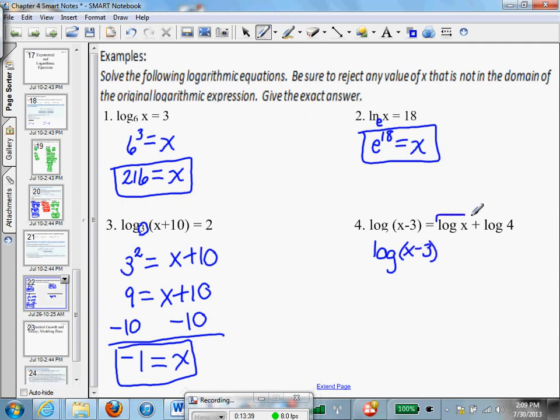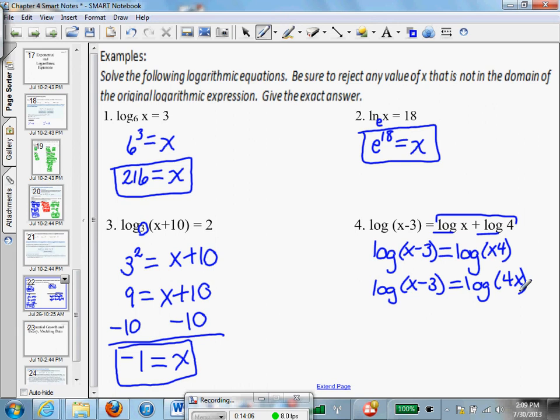Now let's use our rules and properties from before, and since we have the same log and the same base of unspoken 10, we can bring the x and the 4 together through multiplication. So we're just going to have log of x minus 3 equals log of 4x.